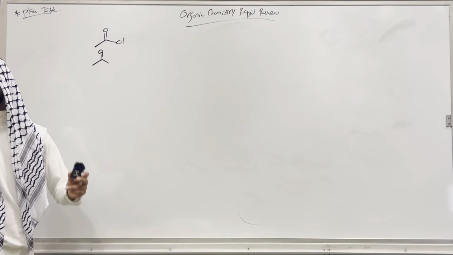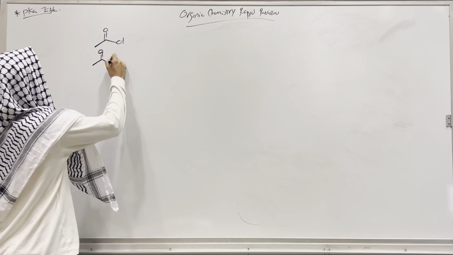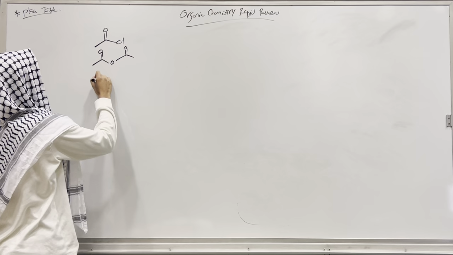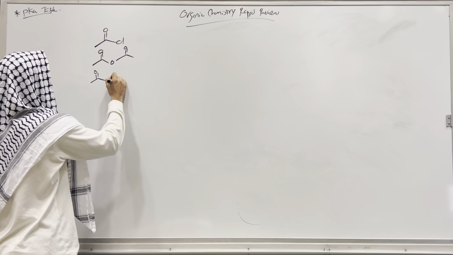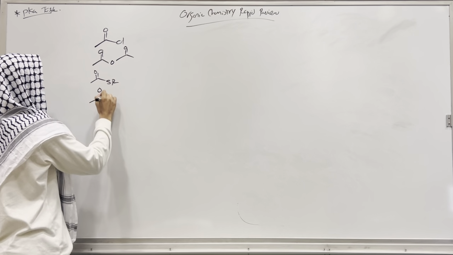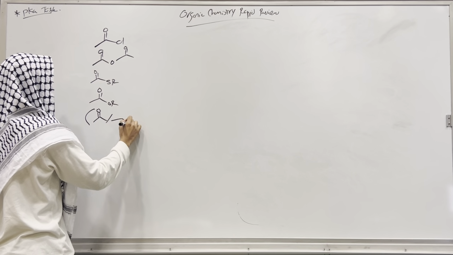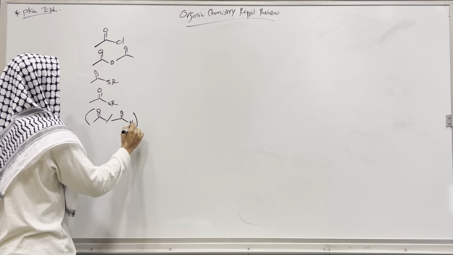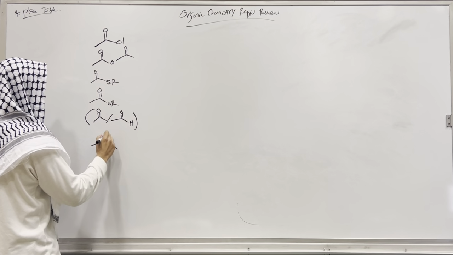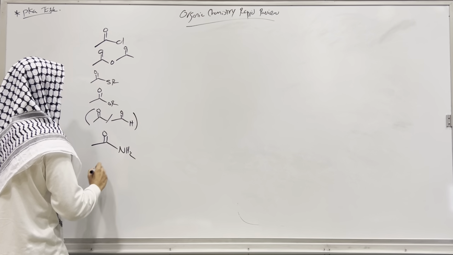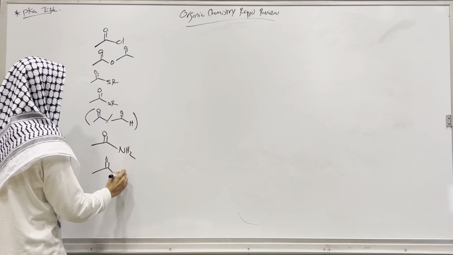Come on, you know the list. Anhydride, yep, and then the thioester, and then the ester, and then in this realm would be the ketone and the aldehyde in terms of electrophilicity, and then the amide, and then all the way at the bottom the carboxylate.